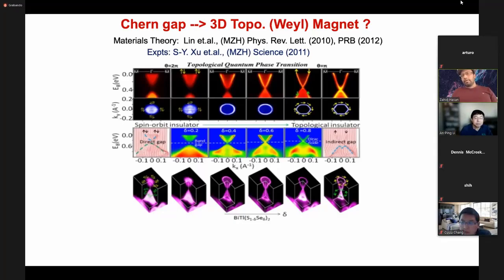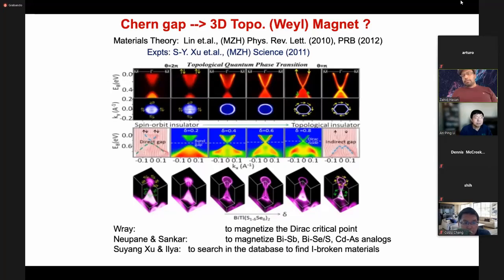Because we were working on 3D topological insulators way before that. Back then I asked my students, Ray, to magnetize this Dirac critical point to get a Weyl fermion. I asked Nurpen and Shankar to magnetize these compounds. And I asked Suyang Xu and Ilya Belopolski to search in the database to find inversion-broken analogs of this.